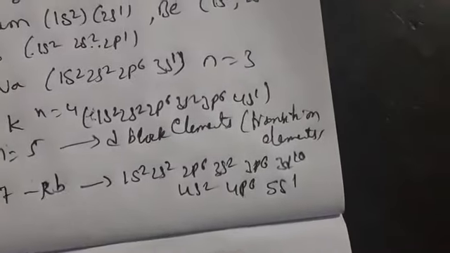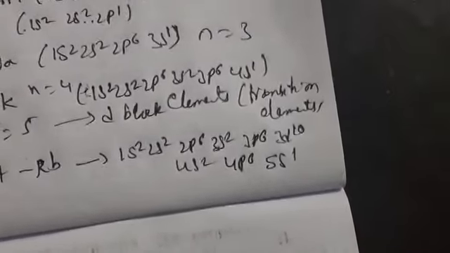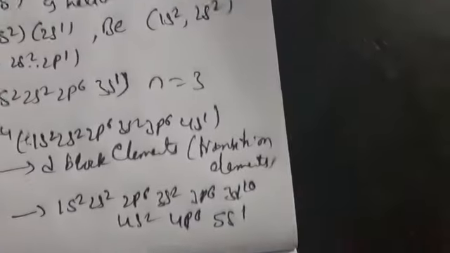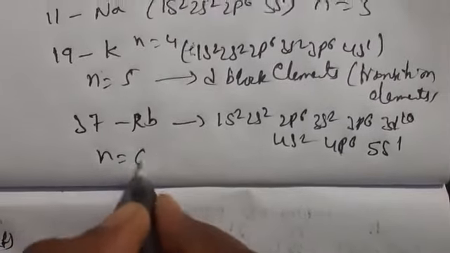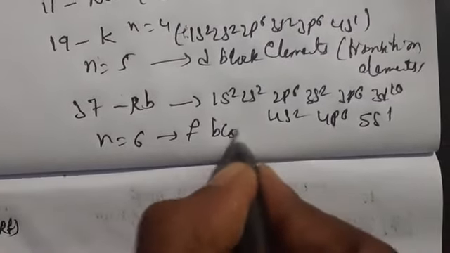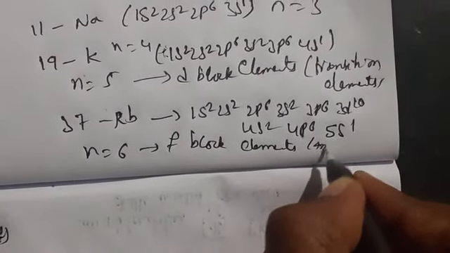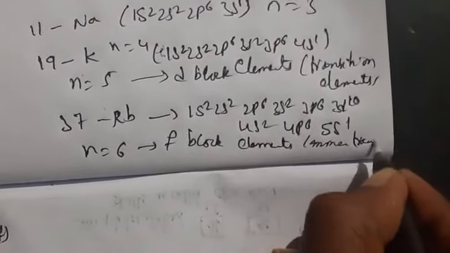Also, if you take the lanthanide series, which is known as inner transition elements, that is f block elements, that is n equals 6. Here it is the inner transition series.